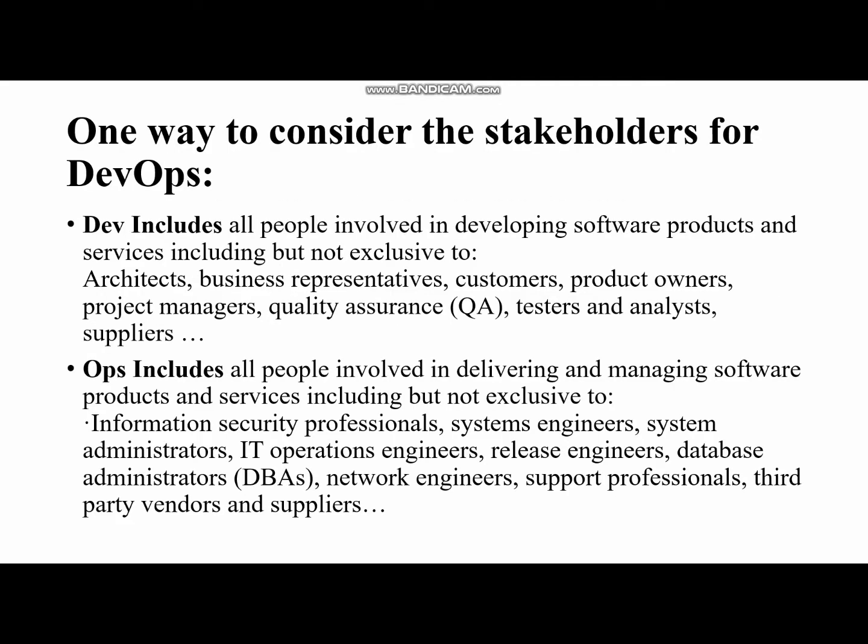One way to consider the stakeholders for DevOps: the first one is the development team, which includes all people involved in developing software products and services, including but not limited to architects, business representatives, customers, product owners, product managers, quality assurance testers, and analytics suppliers. And the operation team also includes the people involved in delivering and managing a software product and service, including but not limited to information security professionals, system engineers, system administrators, IT operations engineers, release engineers, database administrators, and so on.